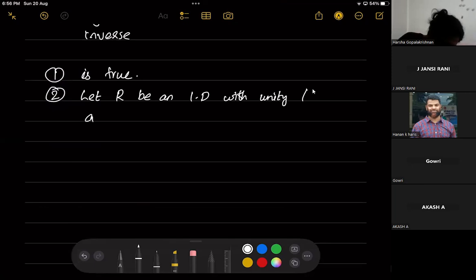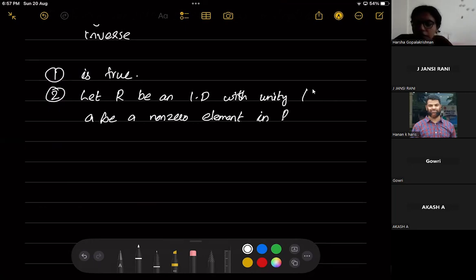I am fixing a non-zero element a in R. Now we need to find the multiplicative inverse of a non-zero element only. So I am taking R star as the set of all non-zero elements, because we don't need to consider zero from here onwards. We want to prove that there exists an inverse for this element a.